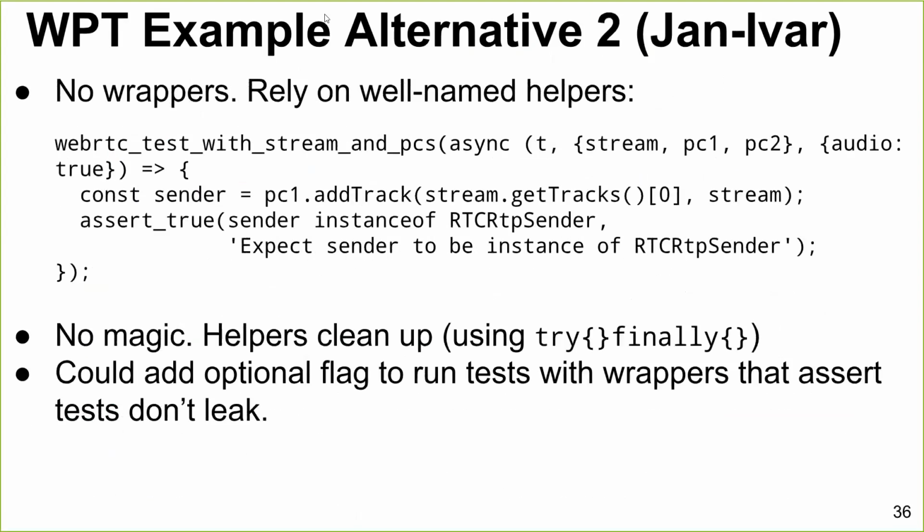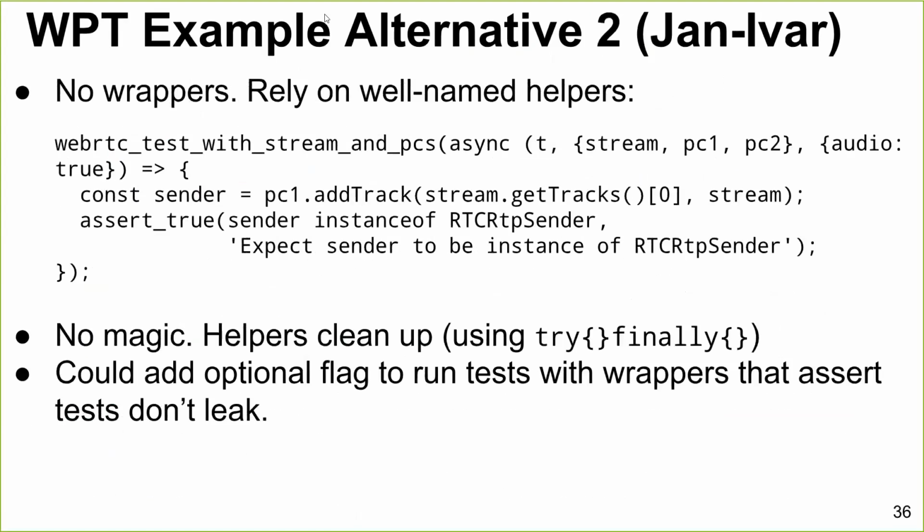To go with no wrappers, which I think is what Fippo originally had. As long as you have well-named helpers, maybe that would avoid using wrappers. And we could maybe even have an optional flag to run tests using those wrappers that asserts that tests don't leak.